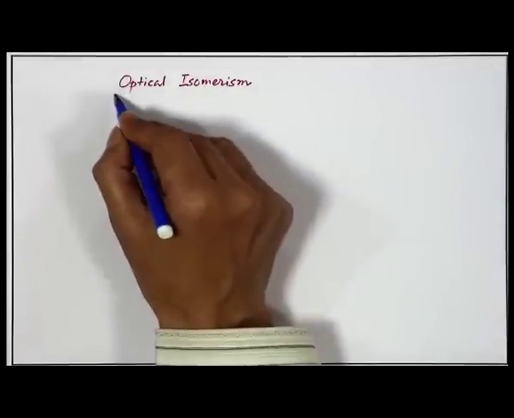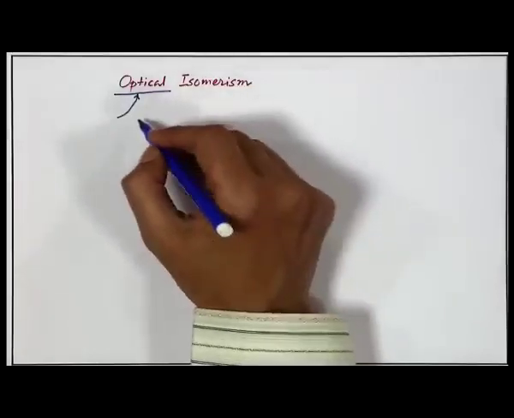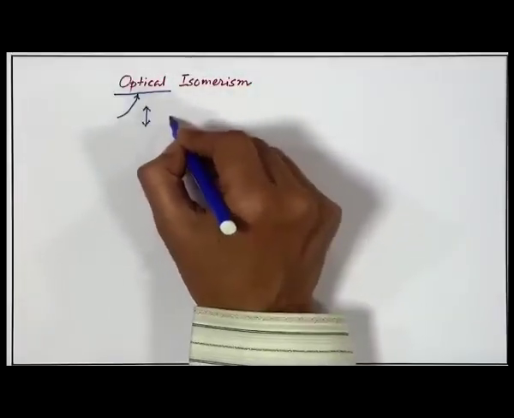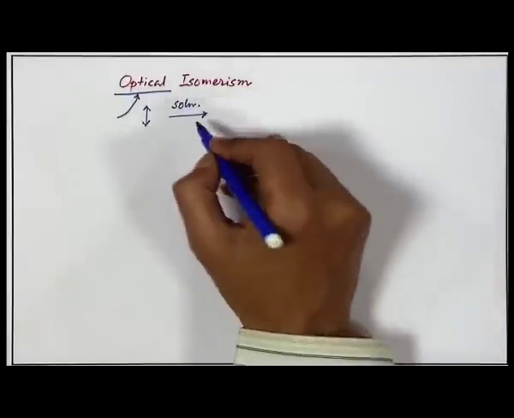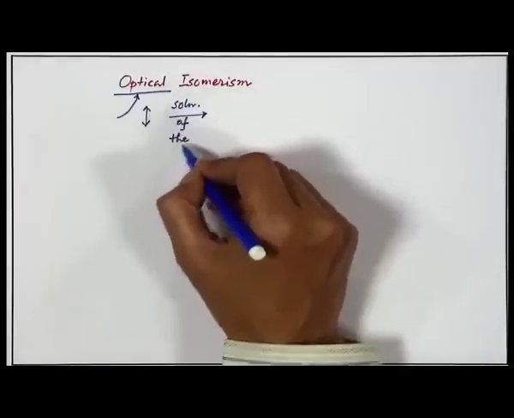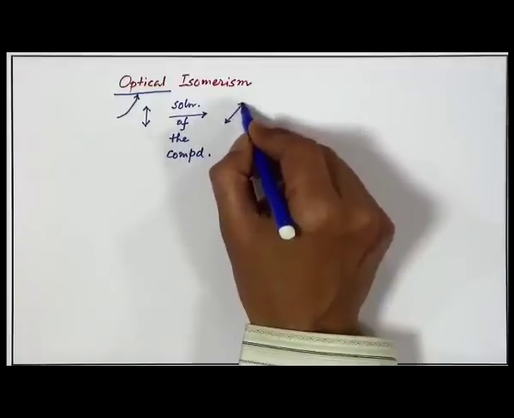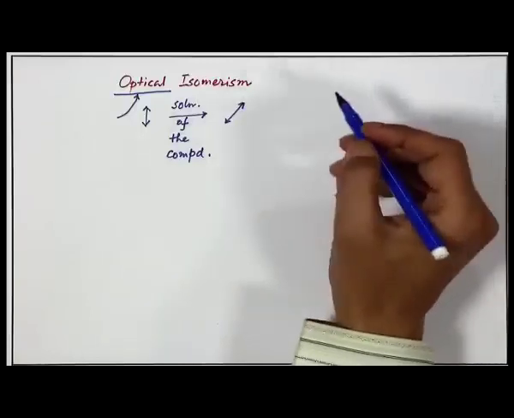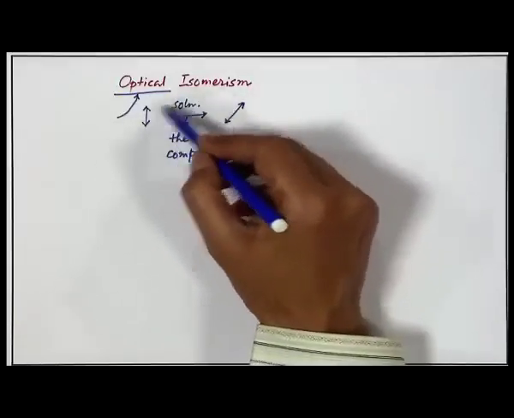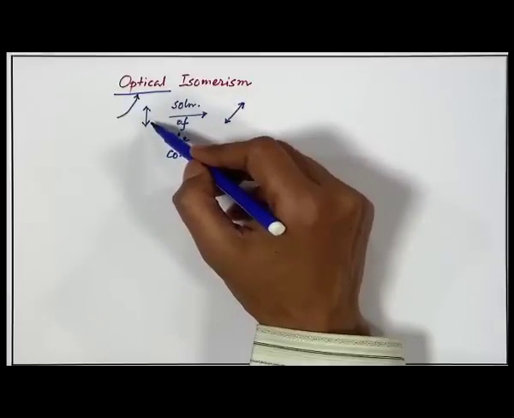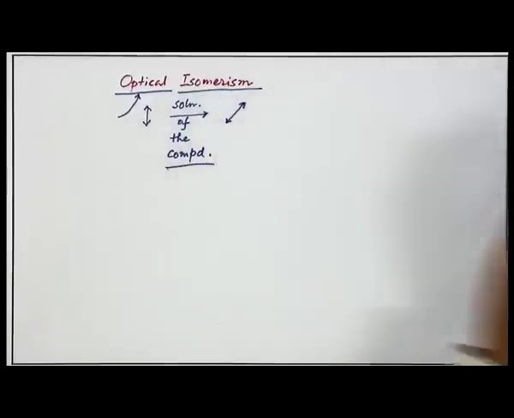In optical isomerism, there is some optical thing, that means the light: if plane polarized light is passed through a solution of the compound, and it rotates the plane of polarization, then we can see that there is some optical activity of the original compound which is responsible for the rotation of the plane polarized light, and we will have isomerism from that compound like our geometrical isomerism.